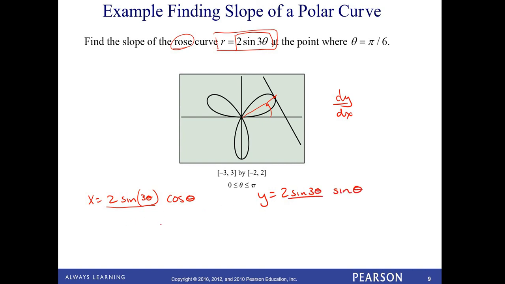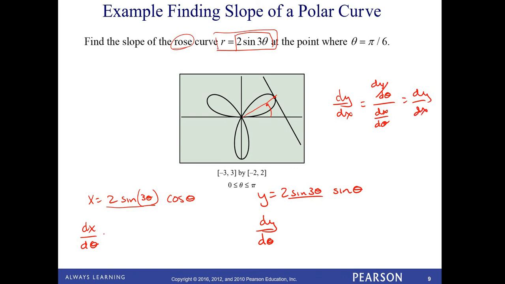So there are two values in terms of x and y. So to get dy dx, I'm first going to get dx d theta and dy d theta. So just like we did with our parametrics when we were in terms of t, if I then put dy d theta over dx d theta, I will get dy dx.